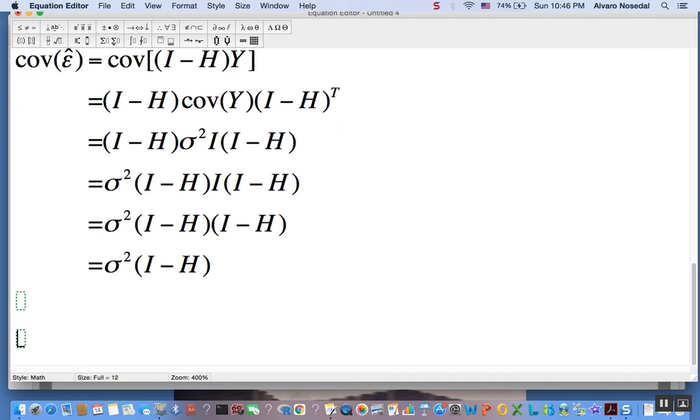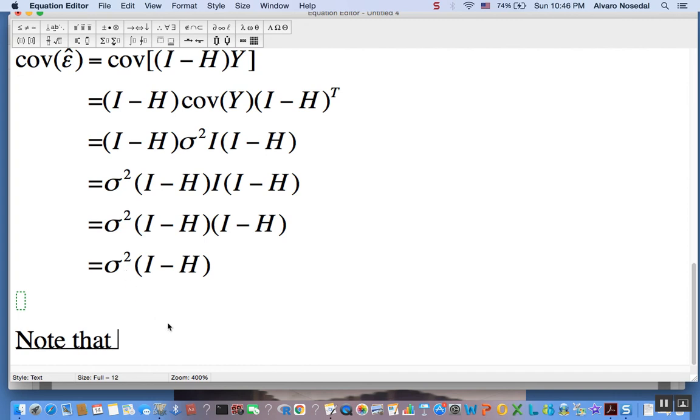Now, let me just make a note of something here. Remember that at some point we derived the variance of the residuals because we wanted to standardize in a more appropriate way, right? So we found the variance of the ith residual and we came up with studentized residuals, right? So anyway, that's why we needed the variance of the ith residual. So note here that this guy contains variances and covariances, okay?